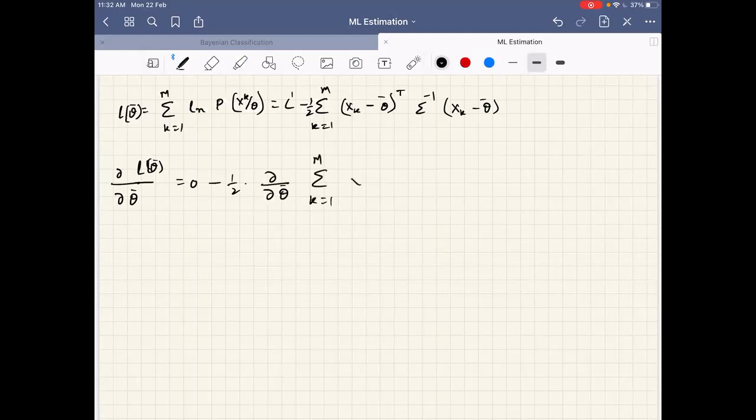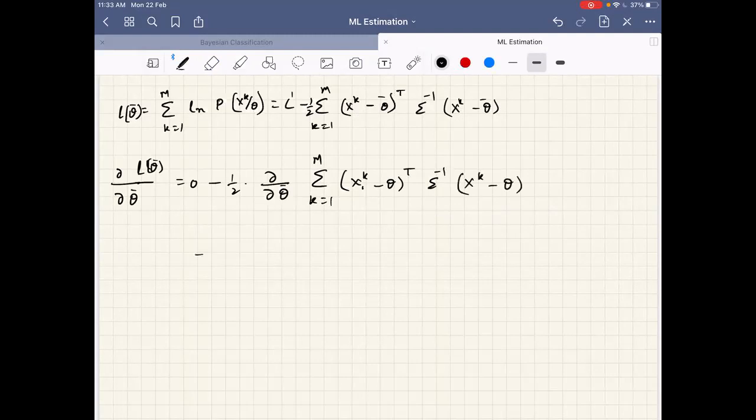For writing x transpose Mx form, the sigma is there, right? So what should I do with the sigma? Should I bother with the sigma? We can take the differential inside the sigma, because theta is not changing throughout the sigma.